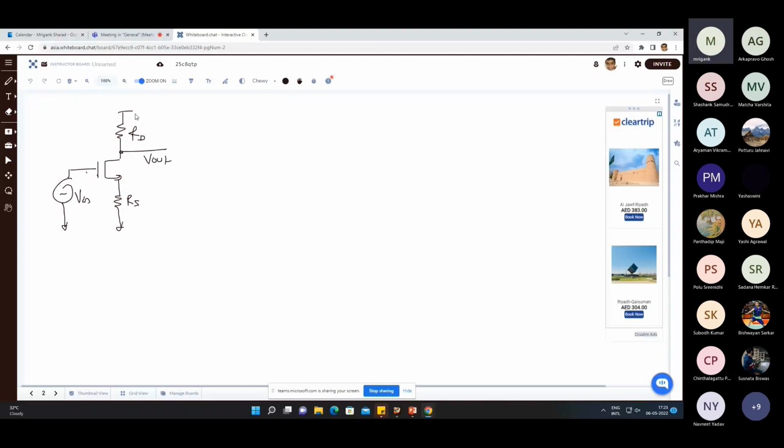And then you have this VDD. And in this circuit, I'm pretty sure you must have handled the BJT version at least, where you have a source degeneration resistance or emitter degeneration resistance. This is called source degeneration resistance.